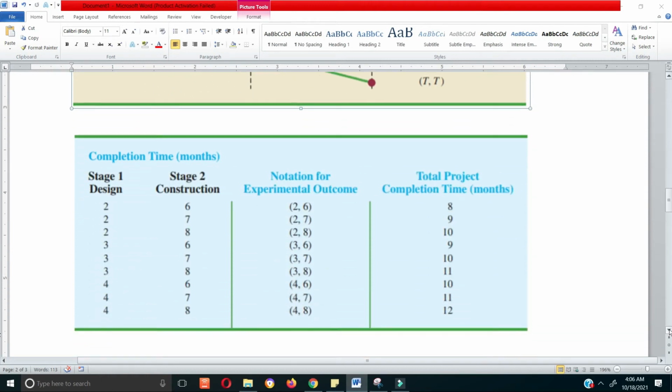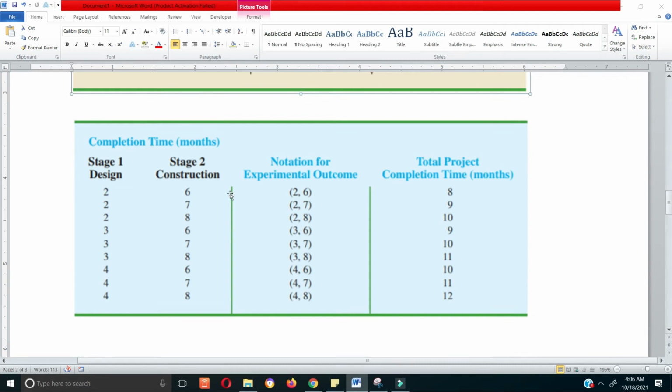This is another example where you have completion times for a project. In this project, you have two stages. In the first stage, you have design. The second stage is construction. And these are the durations which have been observed historically in execution of similar projects. So you can figure out from this that the completion time for phase 1 is either 2 or 3 or 4, and the completion time for stage 2 is either 6 or 7 or 8, because these are the only values which actually occur.